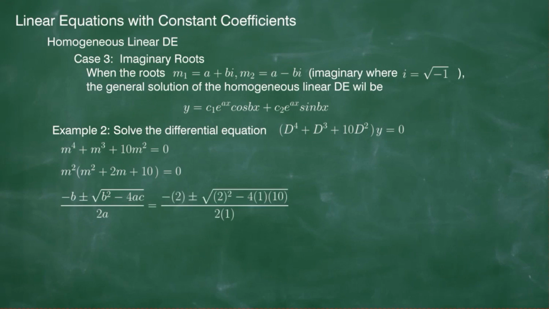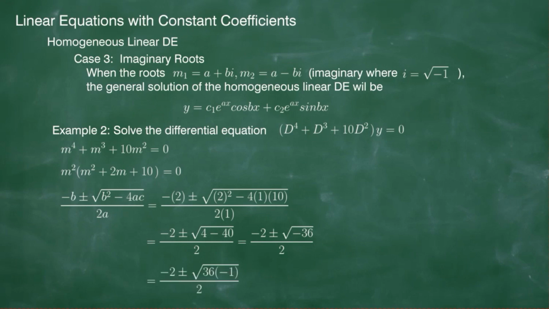So we plug in the coefficients: positive 2 for b, 1 for a, and 10 for c. So we have negative 2 plus and minus the square root of 2 squared minus 4 times 1 times 10, all over 2 times 1. Then we have negative 2 plus and minus the square root of 4 minus 40, which is negative 36.